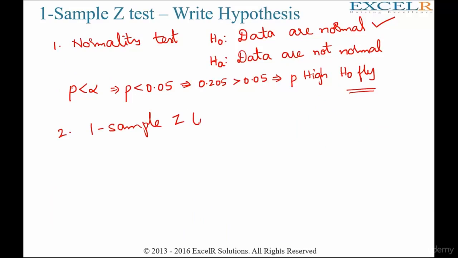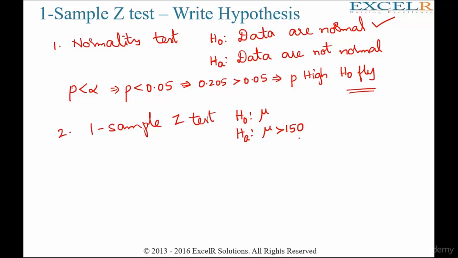One sample z-test. Any test that we perform in hypothesis, we need to first write down what is the null hypothesis and what is the alternate hypothesis. Say we want to take an action if the average fabric length is greater than 150.